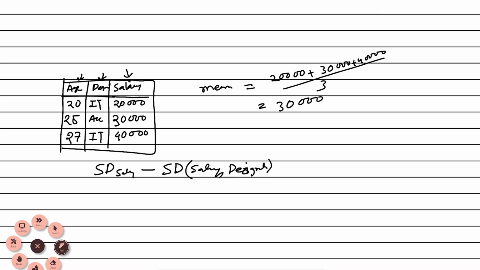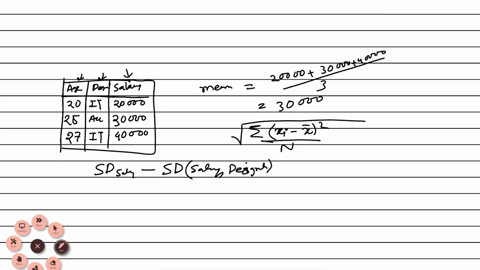Then you use this value to calculate the standard deviation. So how to calculate the standard deviation? The basic formula is the sum of your observed minus mean, squared, divided by the number of observations. So basically what you have to do: 30,000 minus 20,000 squared, 20,000 minus 30,000 squared, then 30,000 minus 30,000, and again 40,000 minus 30,000.